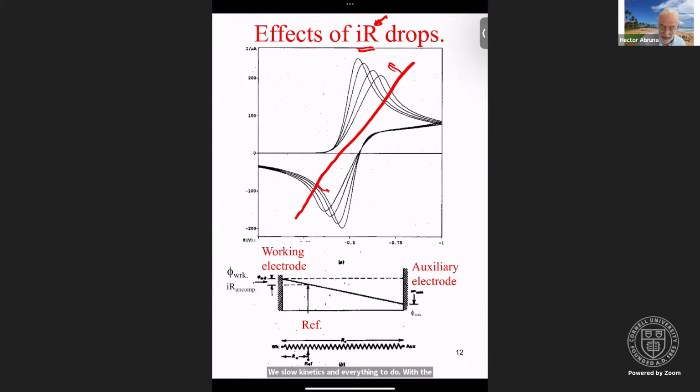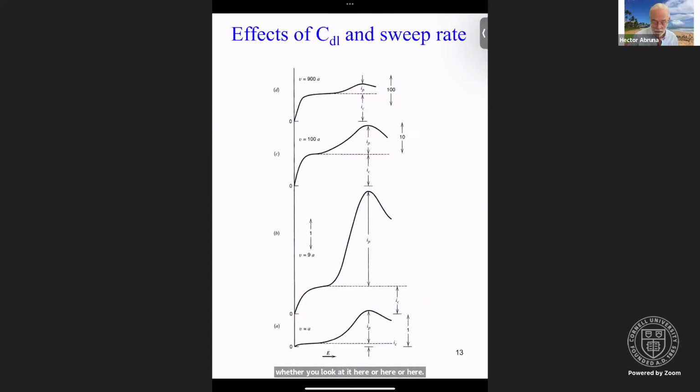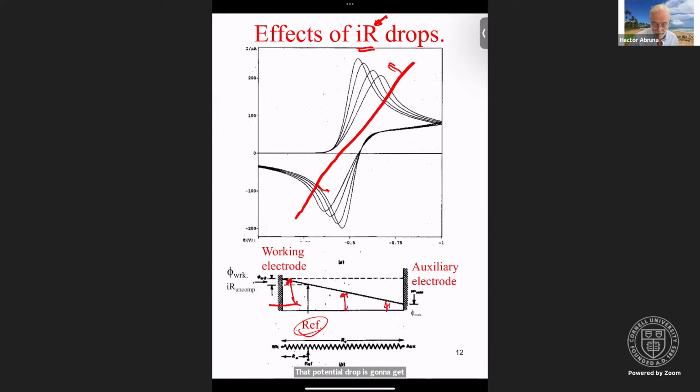This is sort of diagrammatically presented here. Depending on where you locate your reference electrode, whether here or here or here, that potential drop is going to get bigger or smaller. There is a limit, but you cannot have your working and reference electrodes in contact because that's a short.